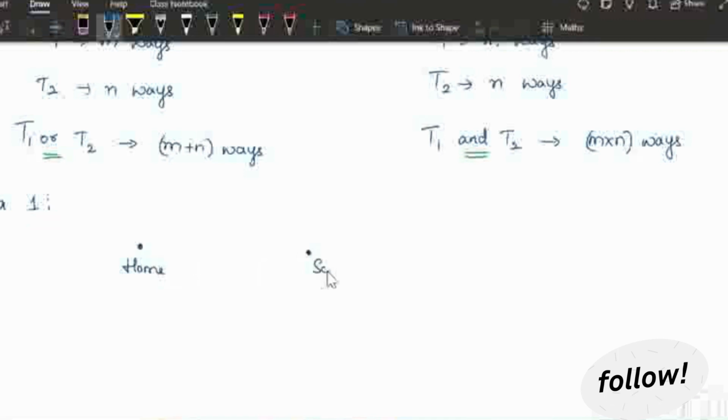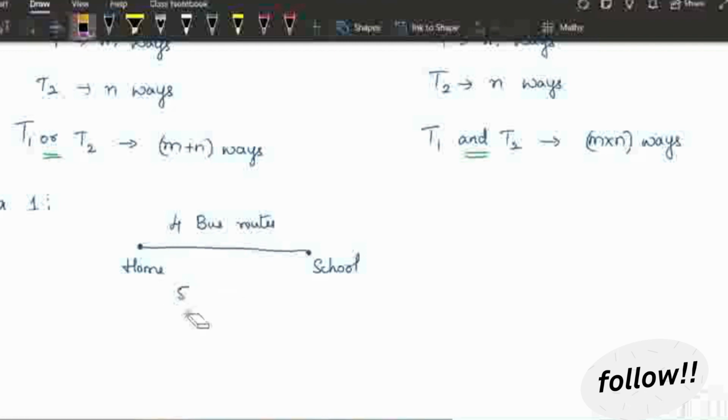Let us assume there are 4 bus routes, or he can go by auto, and I'll take 3 auto routes.